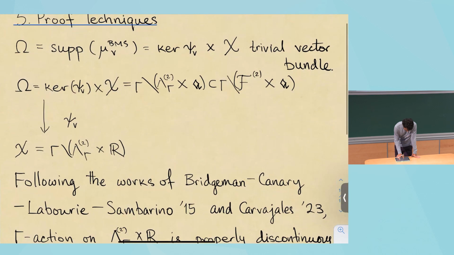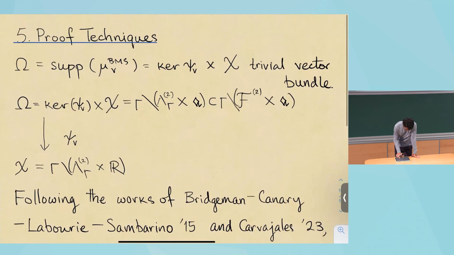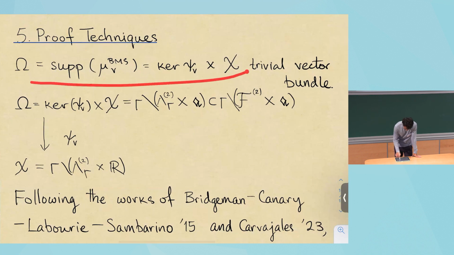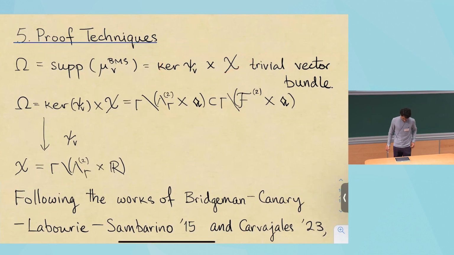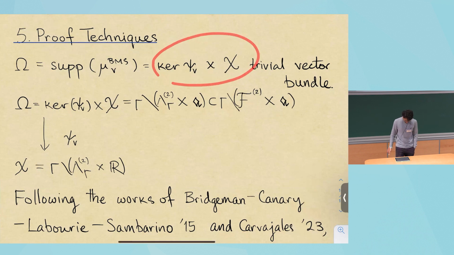Okay, now I will discuss some proof techniques. So this is proof techniques about the local mixing result. So you have to use the fact that omega has this vector bundle structure. I forgot to mention that this is really an observation due to Sambarino.